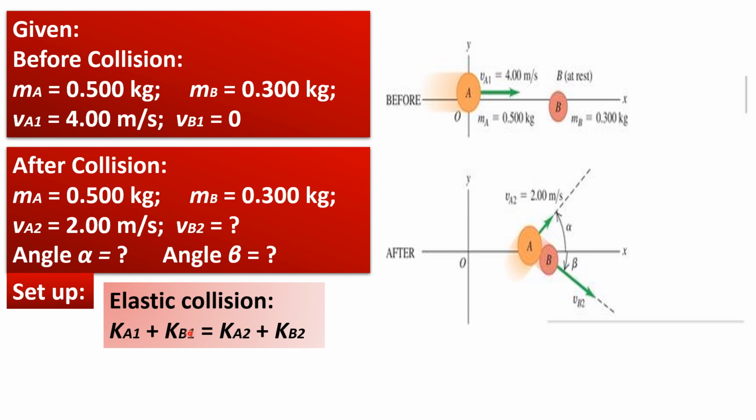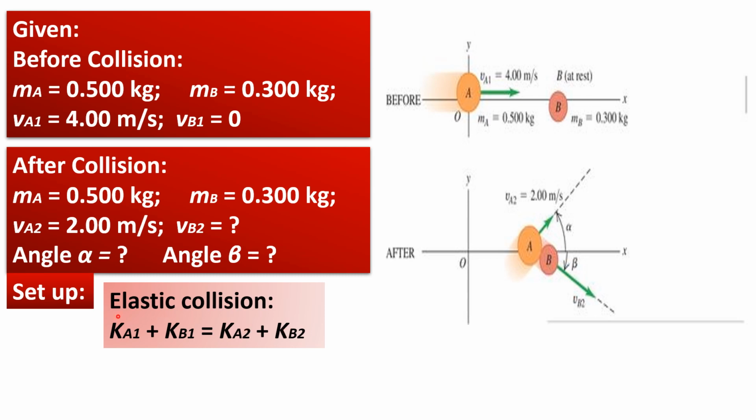So we have here the key concept, which says that the total kinetic energy before the collision is just equal to the total kinetic energy of the two particles just after collision.